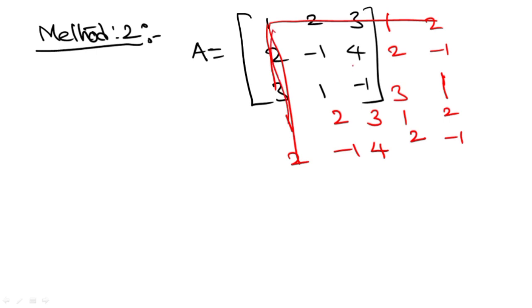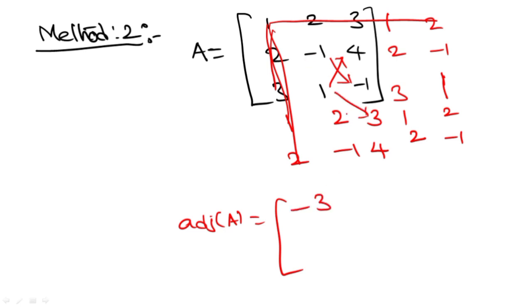Okay. Now here go by column wise and replace by row wise. Adjoint of A. 1 minus 4 is minus 3. Go by column wise, replace by row wise. 1 into 3, 3. 2 into minus 1 is plus 2. 8 plus 3, 11.